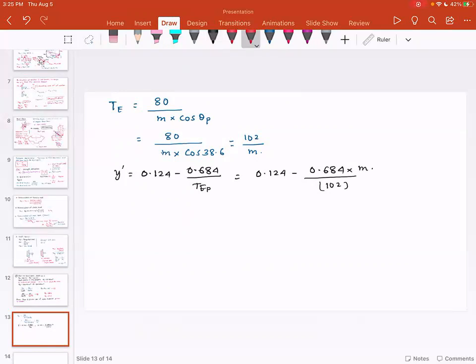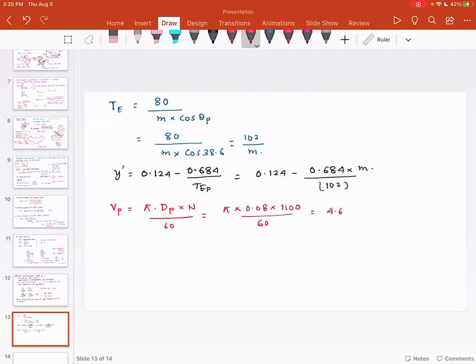And then that leads us to determination of pitch line velocity, which is pi times dp times speed divided by 60. Pi times 0.08 times 1100 divided by 60.